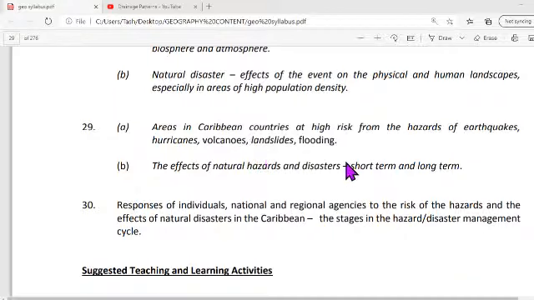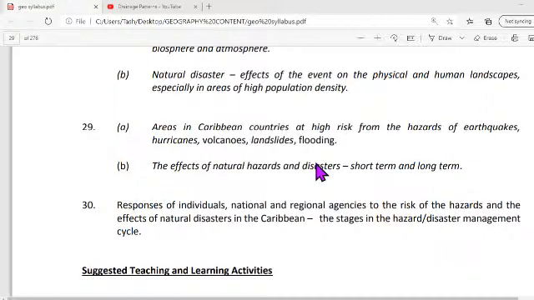So we would have covered, not in its entirety, what the agencies would be doing. The next part of it is the stages in the hazard disaster management cycle. Now, there was a time when the syllabus was split into 4 sections, and this would have been under human environment systems, but now it is under natural systems itself.